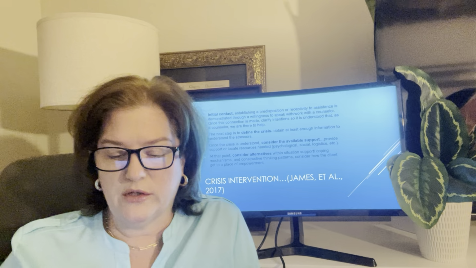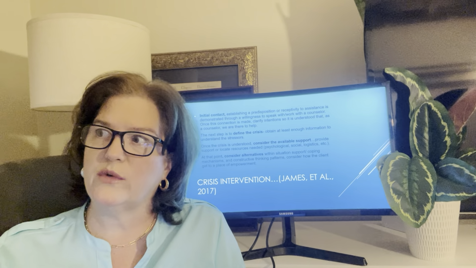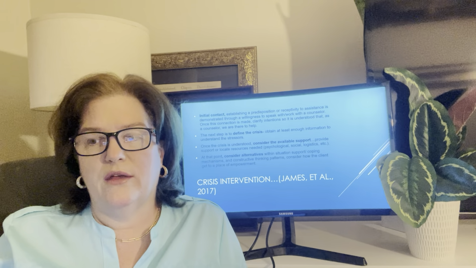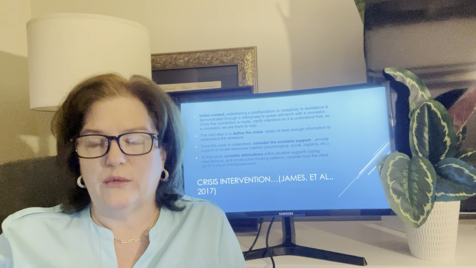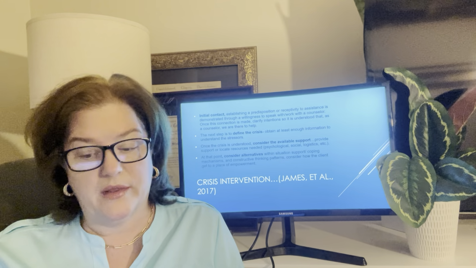So it's important to note and understand what some of those things are. Also, typically resources are limited, and if they're not available, you need to find an alternative way to get those needs met, so that that person can get what they need.